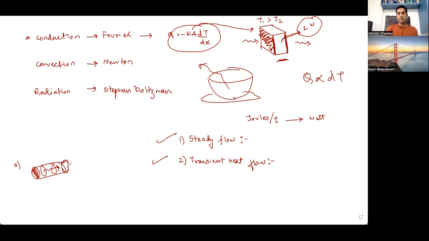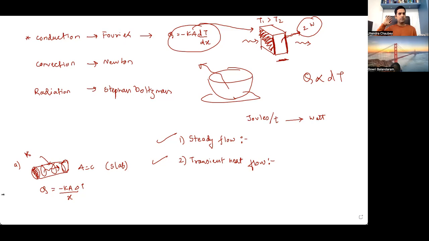When the cross section doesn't change, such bodies are referred to as a slab, wherein this formula can be directly used. Q is equal to minus K A delta T upon X, where K is the thermal conductivity, which is the intrinsic property of a material.